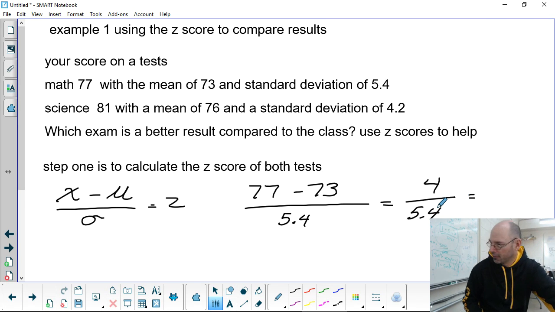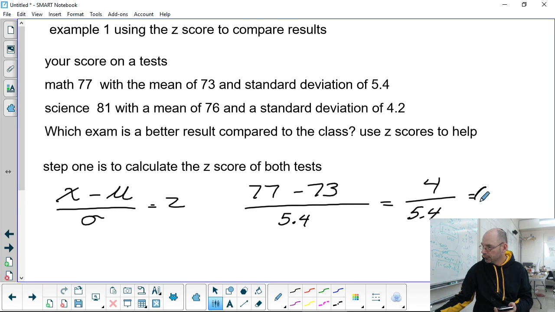So if you take your calculator out, 4 over that, your z-score is 0.7407. We'll go to 2 decimals because that's all they got in the table. So we'll go 0.74.